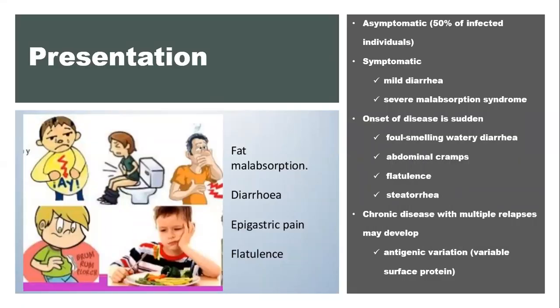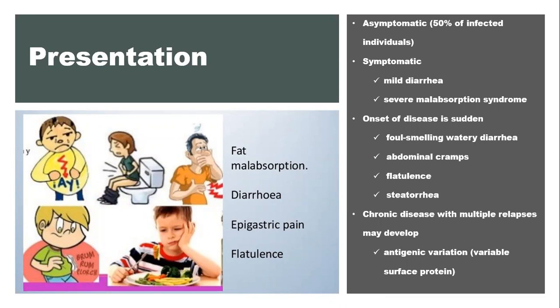How does the patient present? About a third to half of patients who are infected are asymptomatic. But when symptoms occur, it could be a spectrum of mild diarrhea to severe malabsorption syndrome.